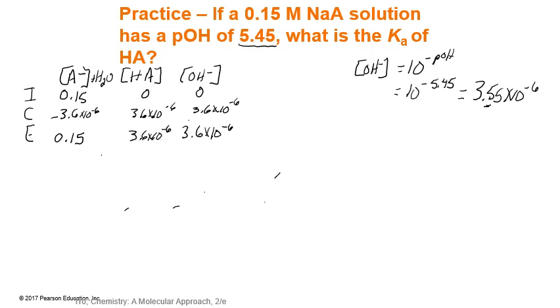So now we can figure out and calculate our Kb. Kb is going to be equal to our products over our reactants, A minus. We can plug these numbers in.